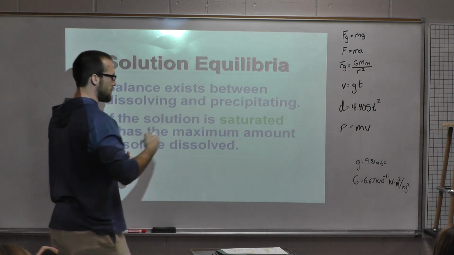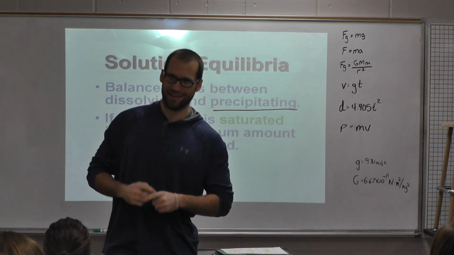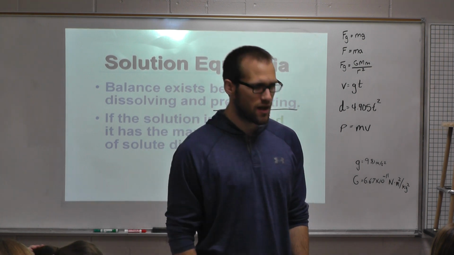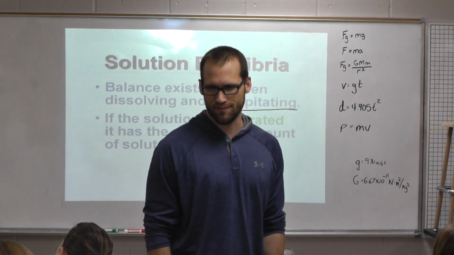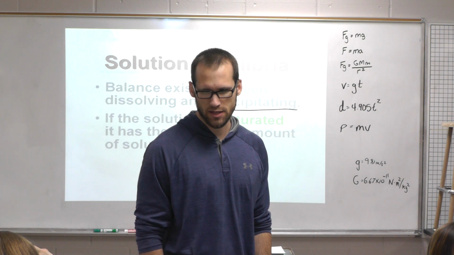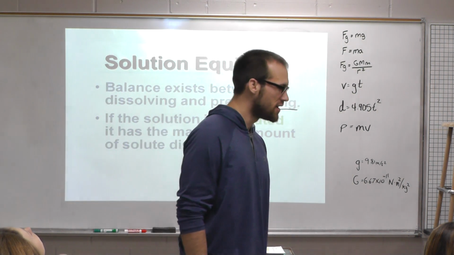First, I got to review what precipitate is. I know Maddie said it the other day. The solid that settles at the bottom of the solution. Yes, I don't like the word settles, because that makes it sound like it never dissolved in the first place. Does that make sense? Separates out of solution and then settles at the bottom. Okay?